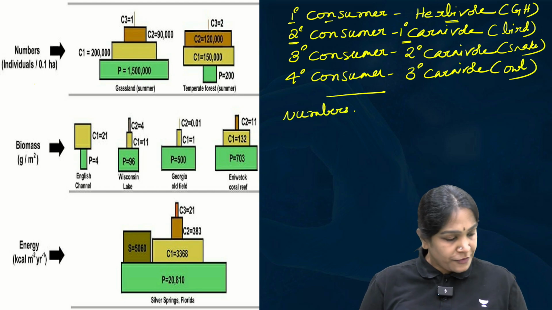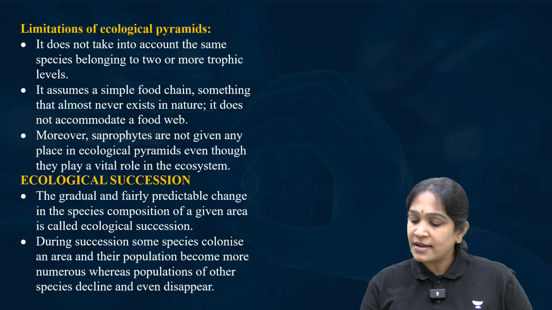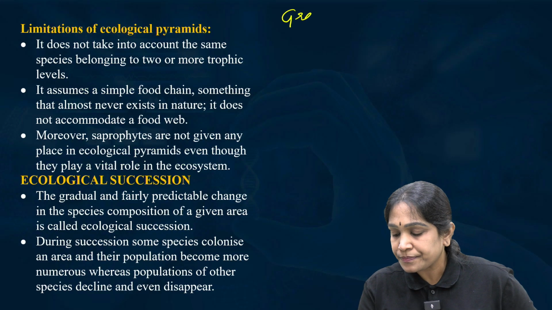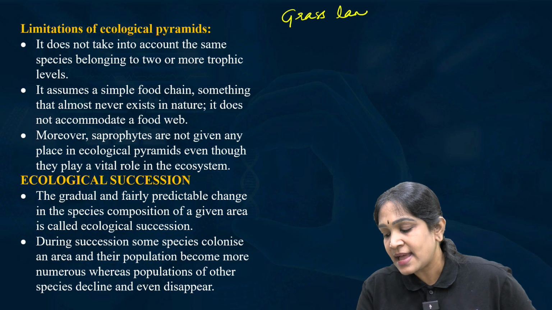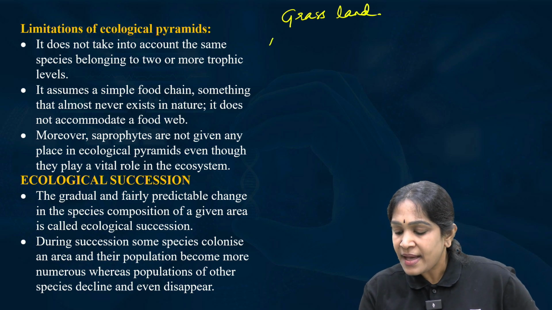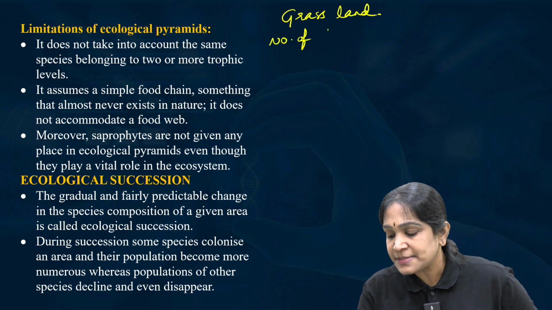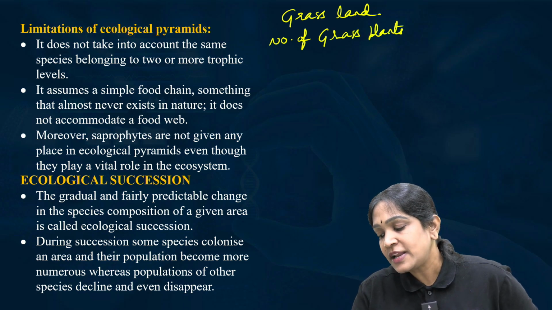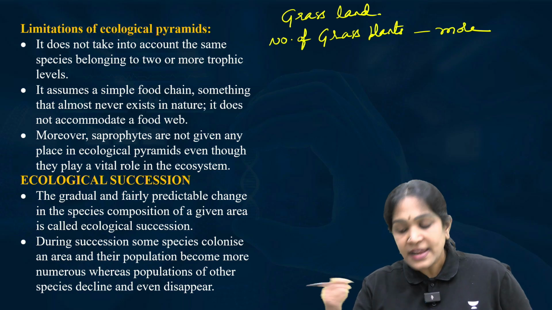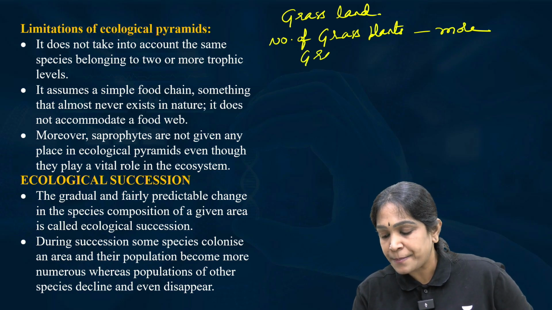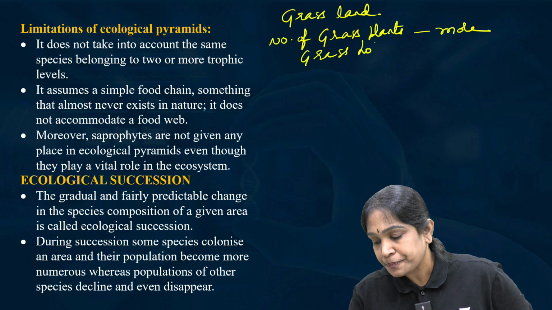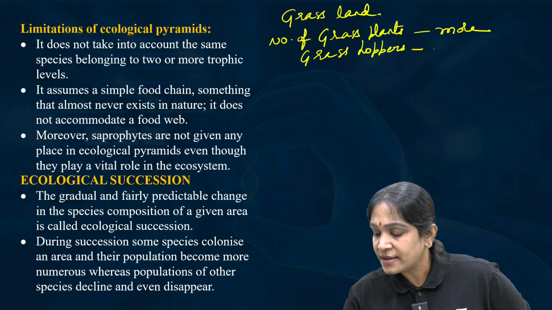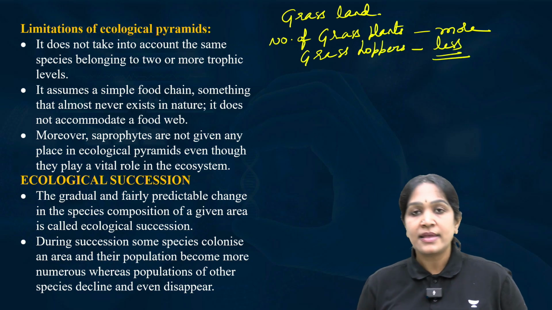For example, if you take a grassland, compare the number of grass plants. Number of grass plants will be more when compared to the grasshoppers. Do you agree? Okay, grasshoppers number will be less.